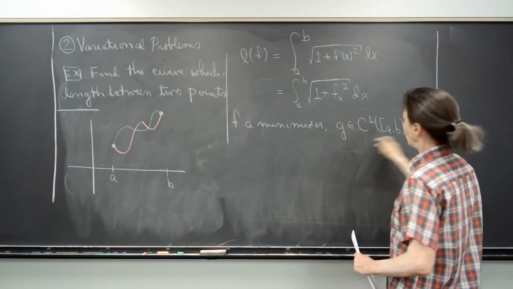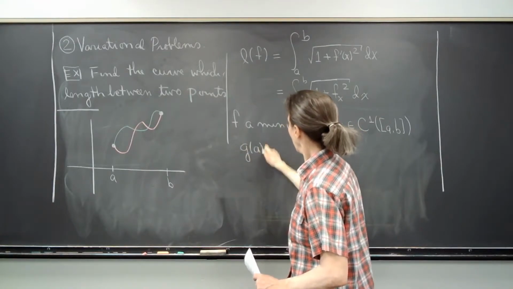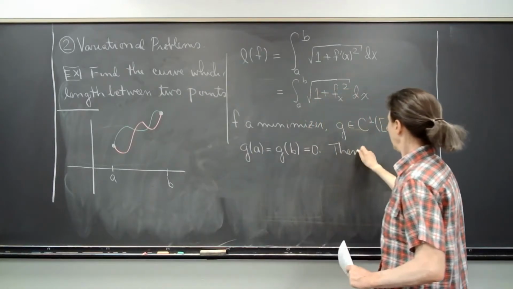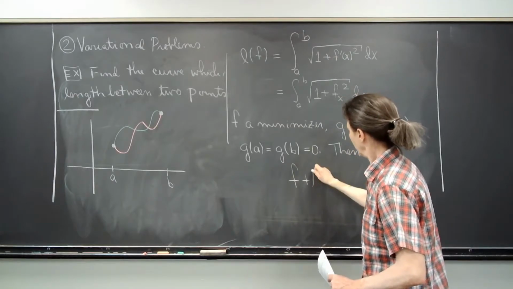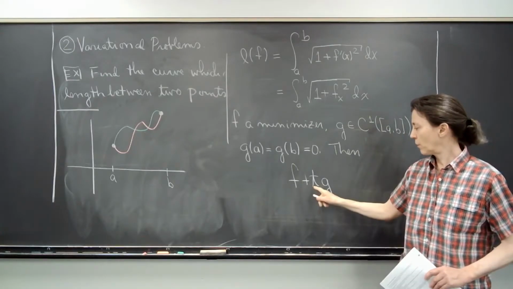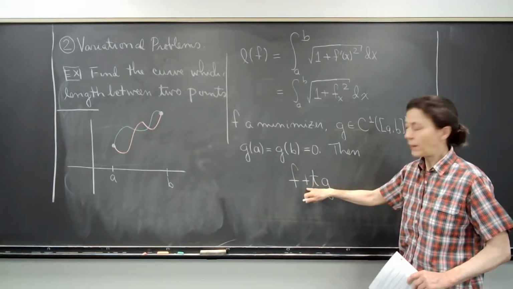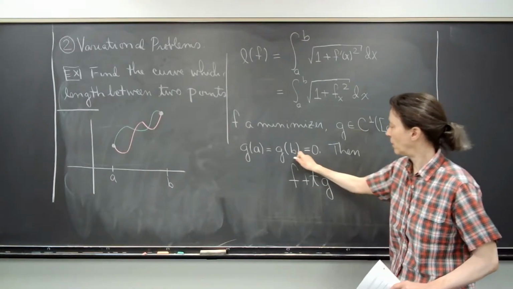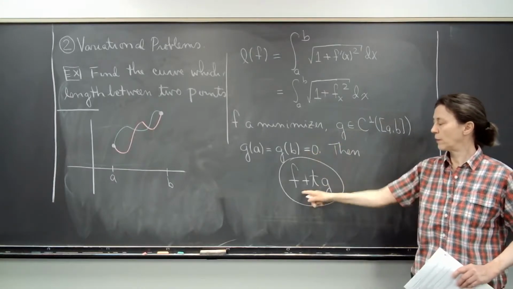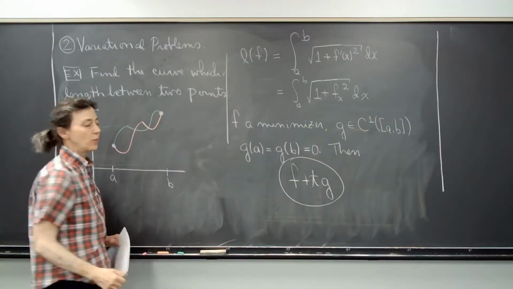So let's say that G is any other C1 function that vanishes at both A and B. Then this function, and again, T is not the, you remember how to multiply and add, I'm adding functions and I'm multiplying a function. So here's a new function.